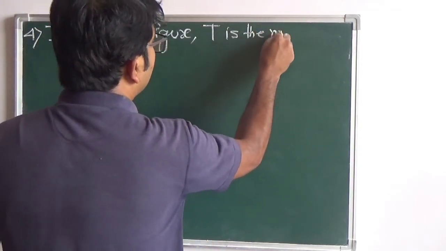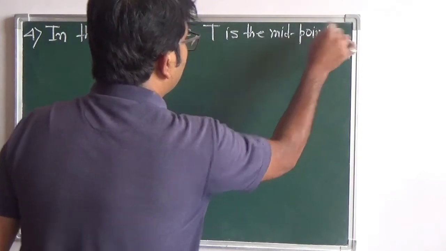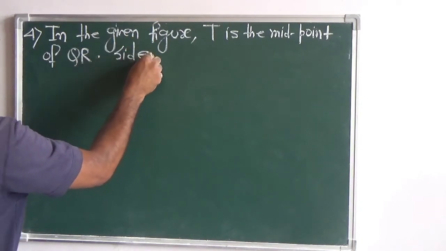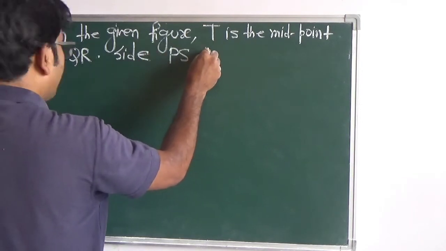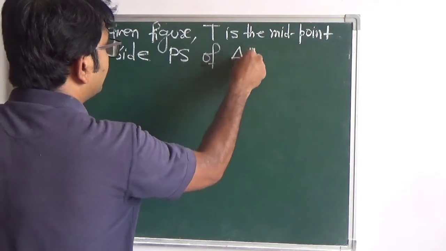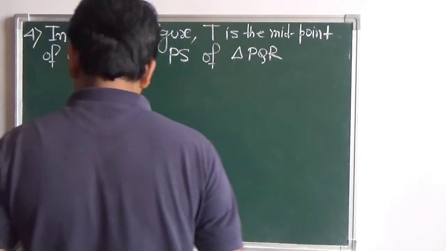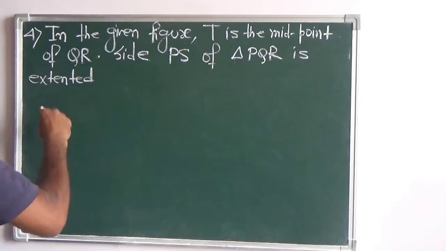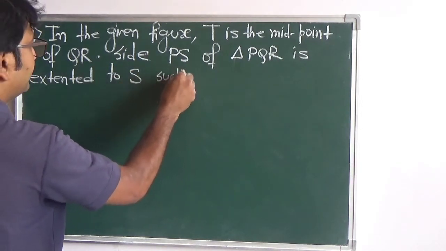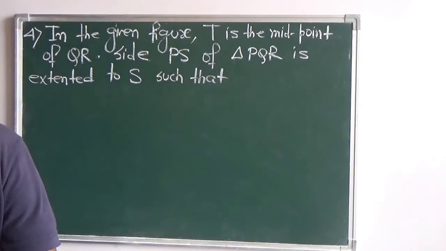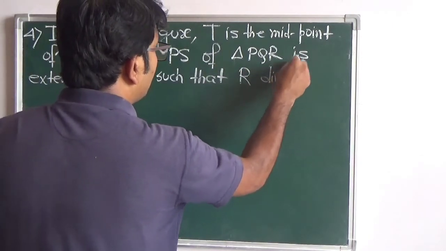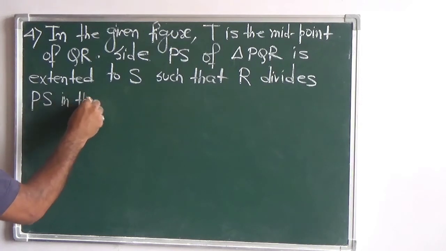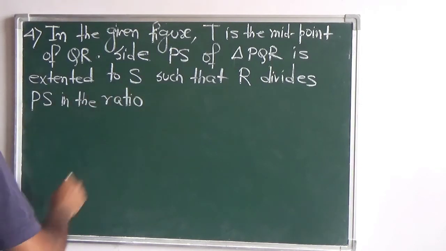Side PR of triangle PQR is extended to S such that R divides PS in the ratio 2:1.